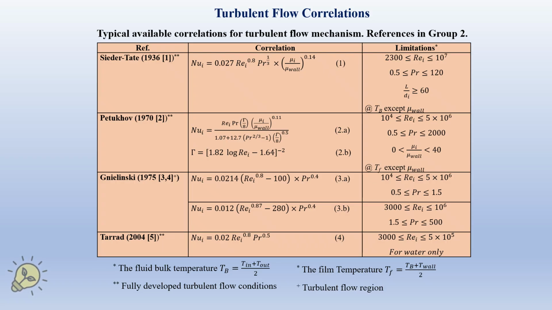Of course, all of these correlations are applied for turbulent flow conditions. And we have T sub B, the bulk temperature, equal to inlet plus outlet divided by 2 as a mean value.